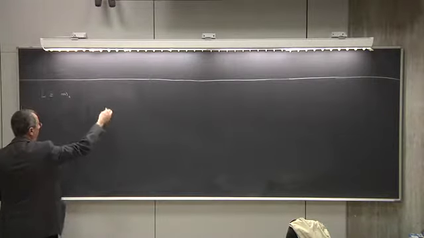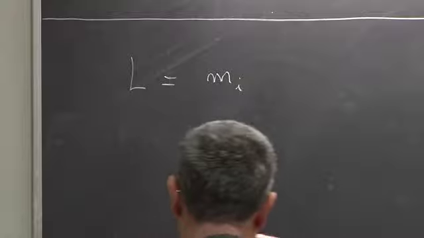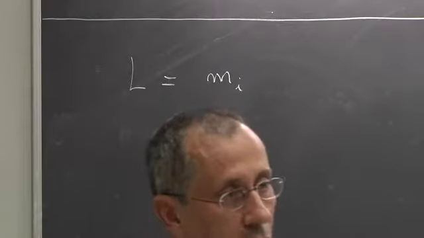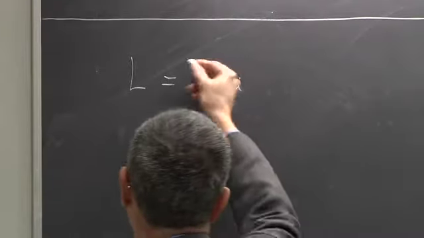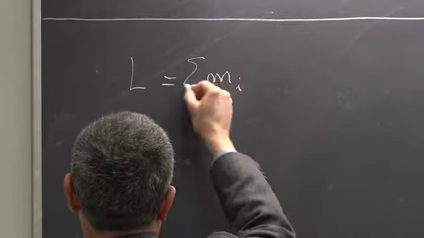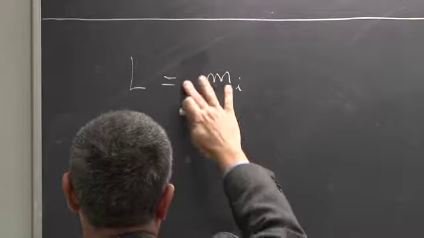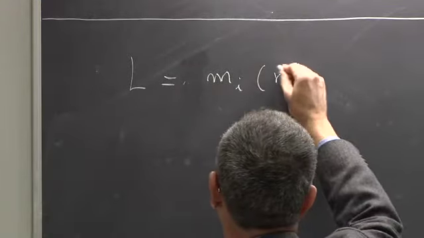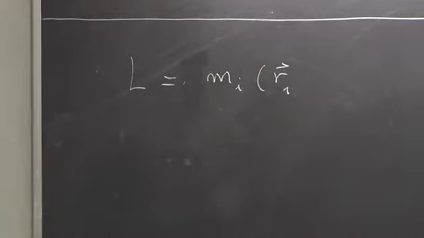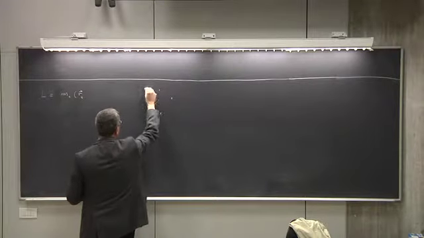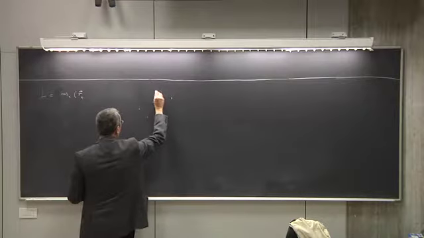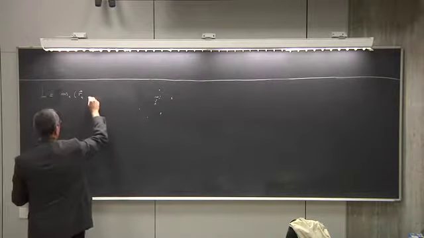where i goes from 1 to capital N, you see the angular momentum of this collection of points is just the sum. So remember the Einstein convention, it's implicit here. So you take the position of each of these. So this is a cloud of points, this is m_i, and so on and so forth, right?